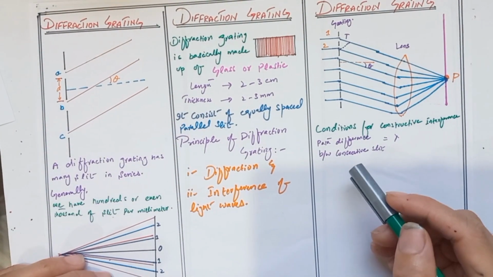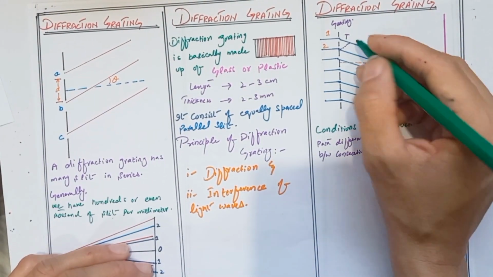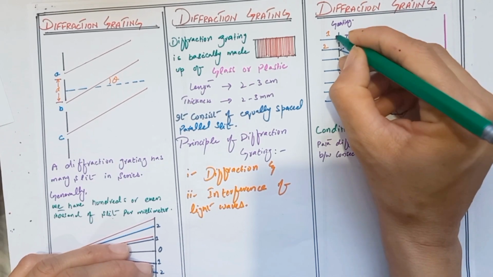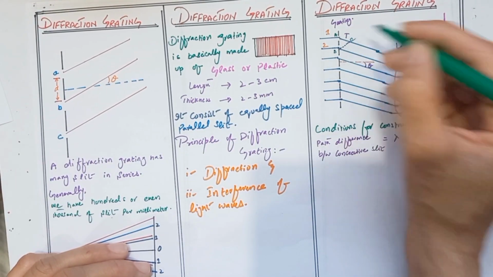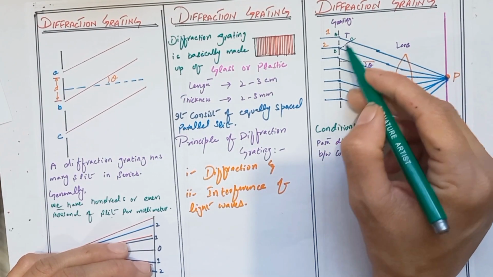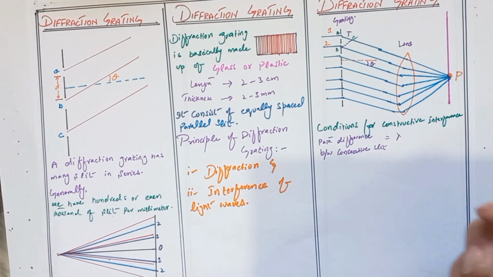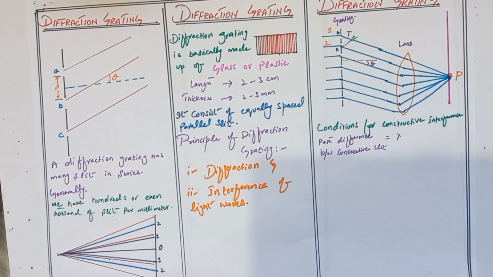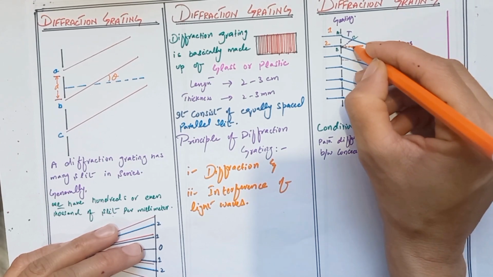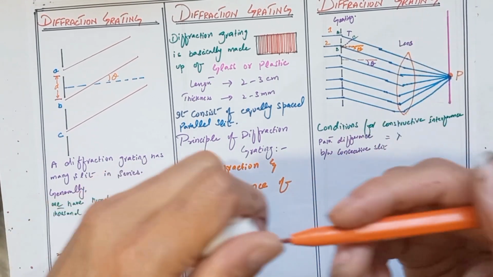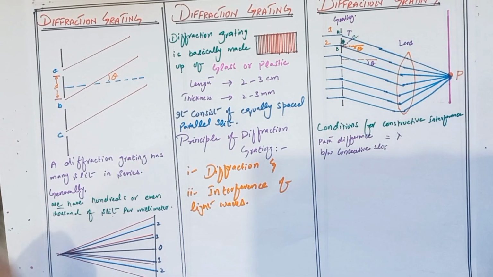Now we find the first order fringe that is made on the screen. For this we take the triangle. This point we name A, this is B, and this point is C, so we get the triangle ABC. If the angle between these two rays and the normal is theta, then the angle here is also equal to theta.